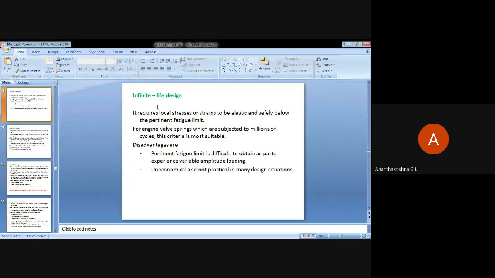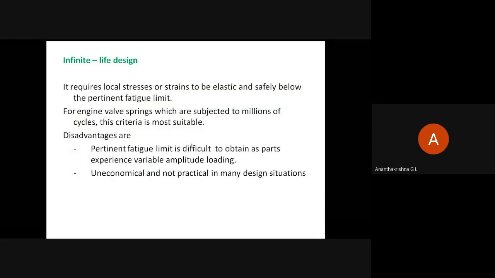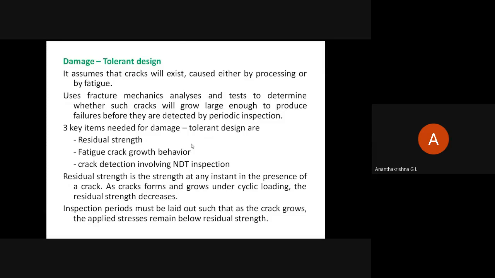Okay, can you see the screen of Infinite Life Design? Please check your screens. Yes, sir. You're getting this now? Safe Life Design, Fail-Safe Design, and Damage Tolerant Design, correct?